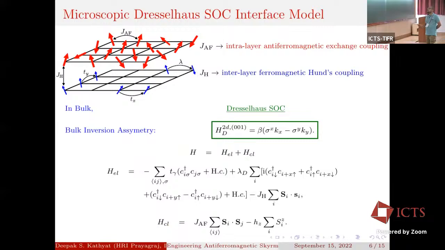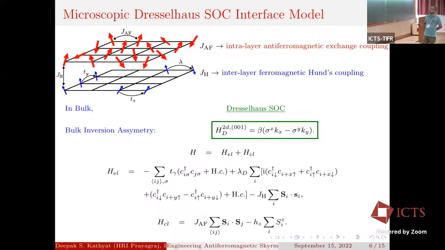Now we propose a model to get antiferromagnetic skyrmions in the system. This is a bilayer model where we consider a metallic layer with spin-orbit coupling and an insulating antiferromagnetic layer.